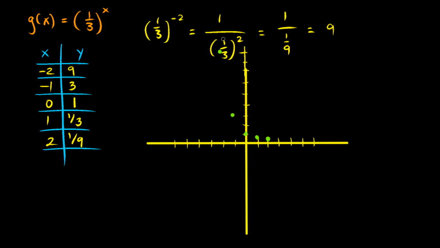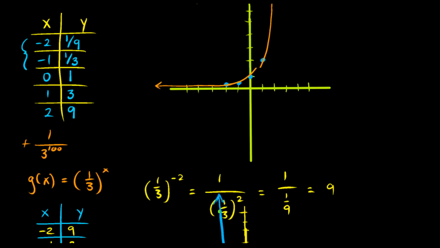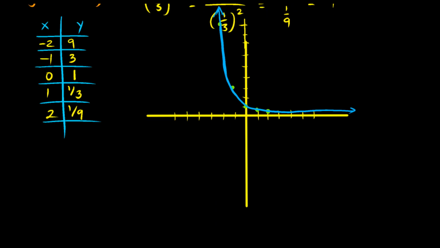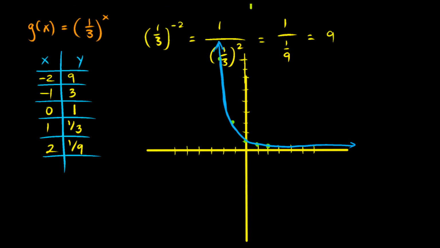So we're going to have that as our graph. And if we look back at our other graph, you see that it looks almost identical, but it's just flipped over the y-axis.